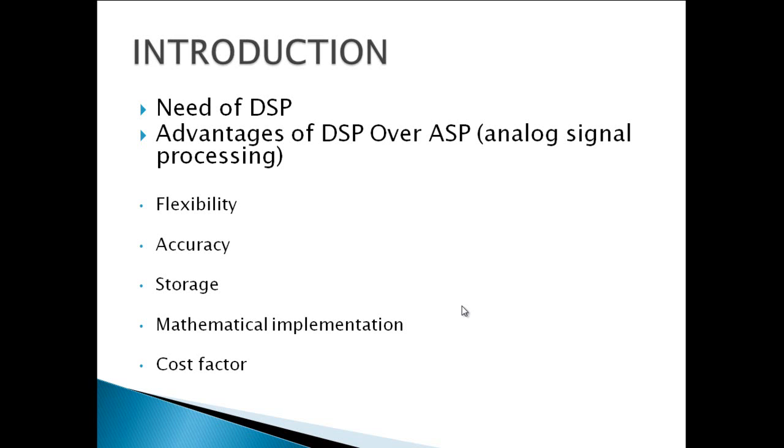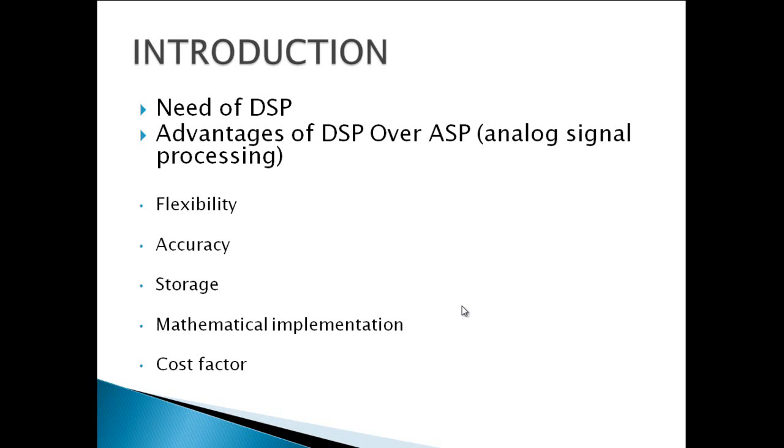Thus, any type of signal processing that is done by computers is basically digital signal processing. So this is the need of DSP. Next, I'll be discussing what are the advantages of DSP over analog signal processing. So why do we go for digital signal processing instead of analog signal processing?